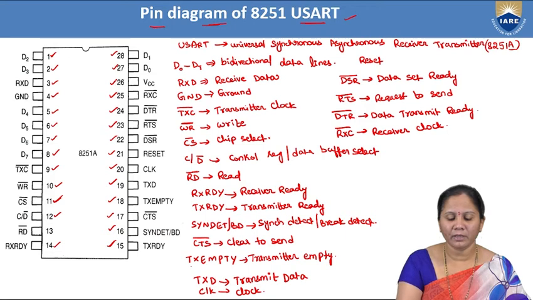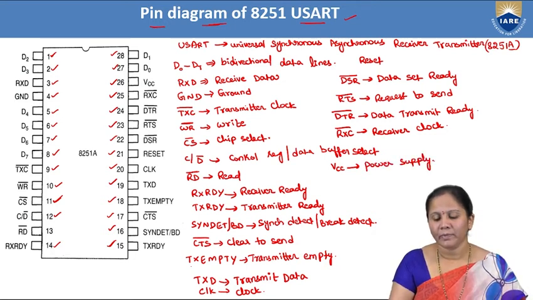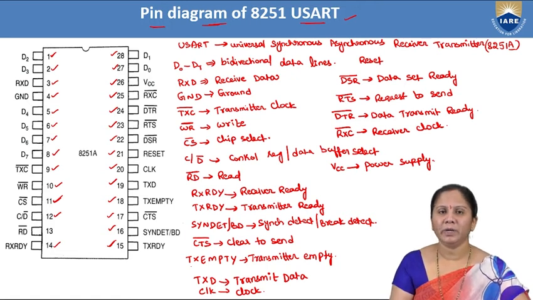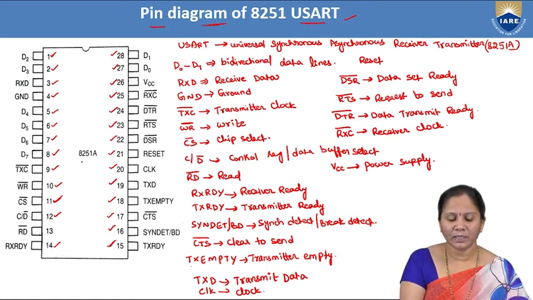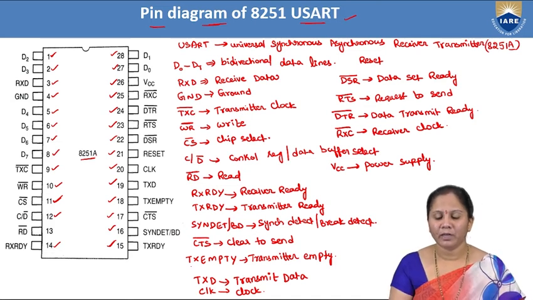The 26th pin is VCC, which represents the power supply. So all these are the 28 signals available in this 8251A USART. Now we will discuss the function of all these 28 signals in detail.